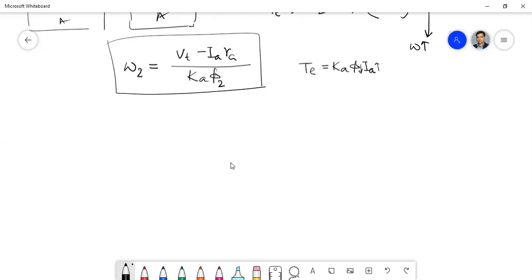The options were split phase motor, capacitor start capacitor run, capacitor run, and only capacitor start.